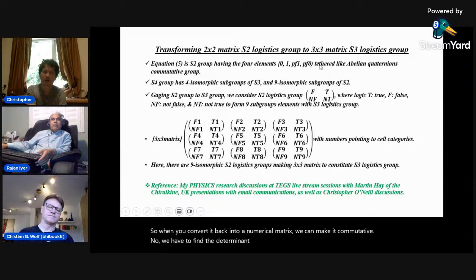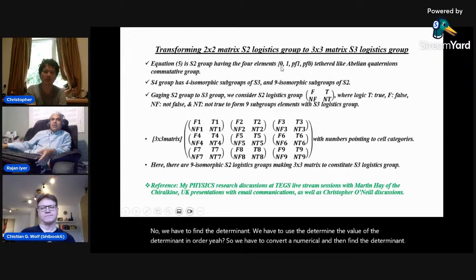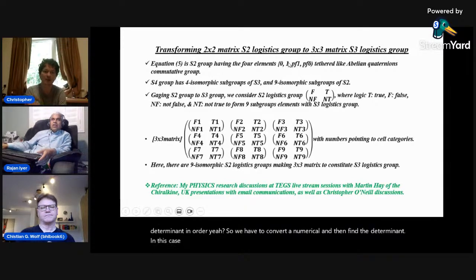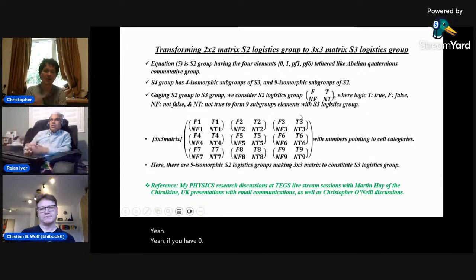We have to use the value of the determinant. So we have to convert it to numerical and then find the determinant. What is the determinant here? Then you have a constant value like 1 or 0 or -2 or whatever. If you have 0, what do you do with that? I suppose you could multiply that with the determinant of another matrix, and that would be commutative. Oh, okay.